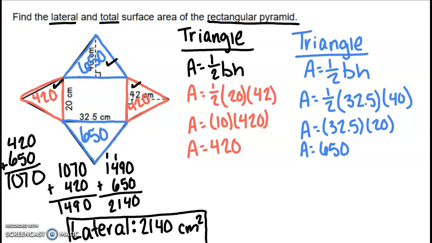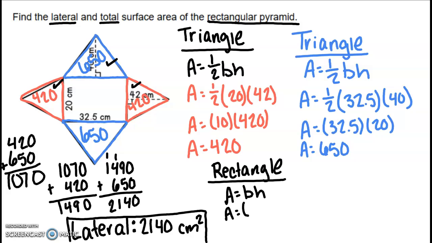Now, to find the total surface area, I need to find the area of that rectangle in the middle. So, for the rectangle, that formula is area equals base times height. So the base of the rectangle is 32.5 and the height is 20. Well, I already did that multiplication for the blue triangle, so I know that that area is 650.